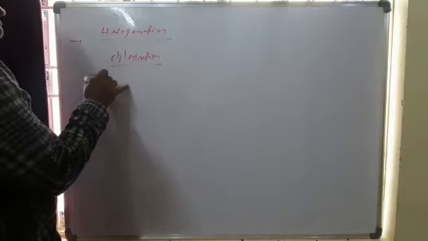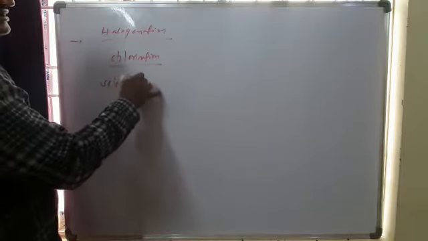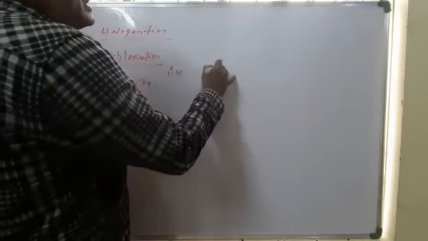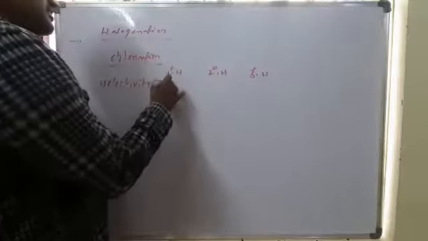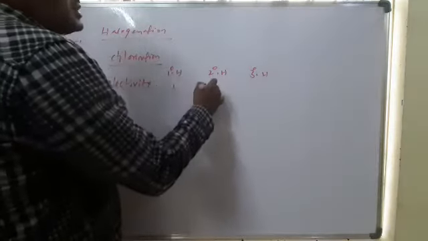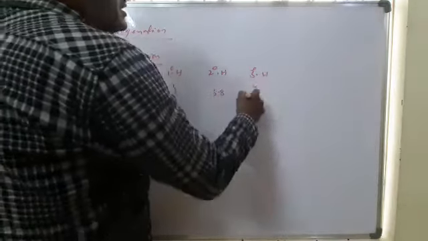Halogenation reactions: if you see chlorination, the attacking selectivity value for primary hydrogen, secondary hydrogen and tertiary hydrogen is as follows. Primary hydrogen is 1 time, secondary hydrogen 3.82, tertiary hydrogen 5 times.